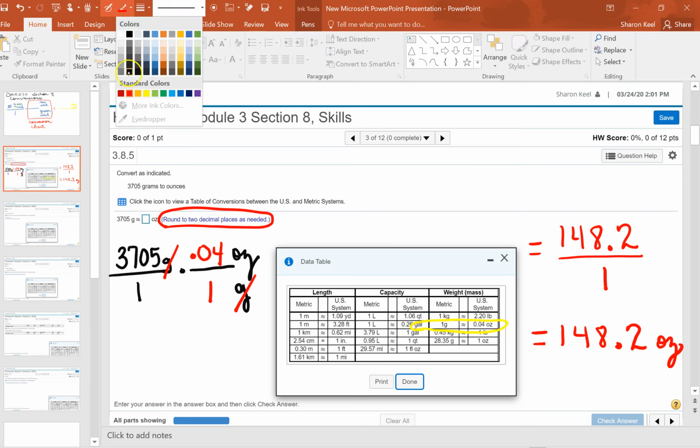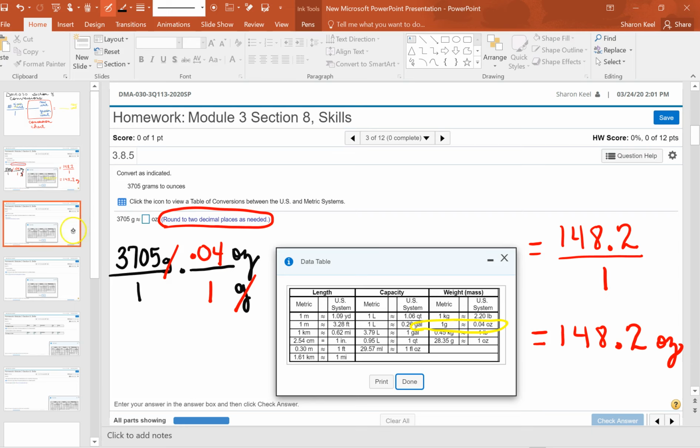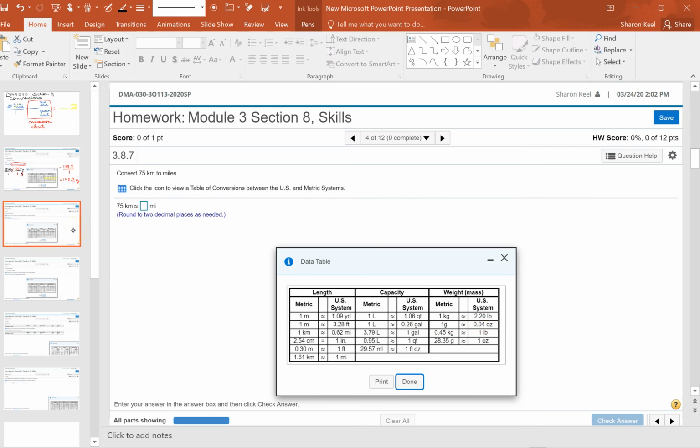Okay, let's do another practice. Let's try another one. For this one, we have convert 75 kilometers to miles. So we're going to write down 75 kilometers. We're going to put that over 1. We are going to multiply that by a value from the conversion chart, and we're converting to miles.